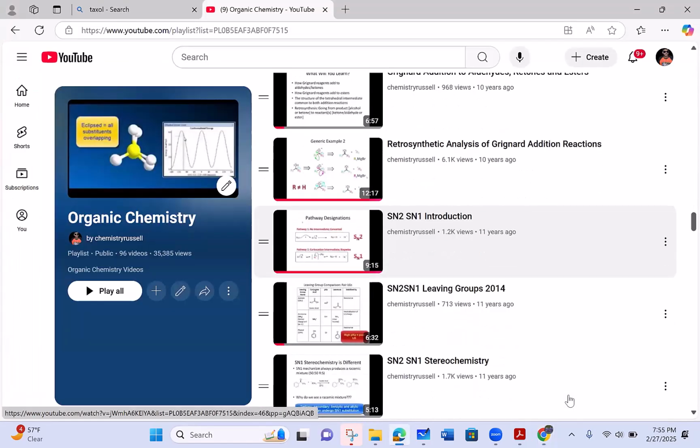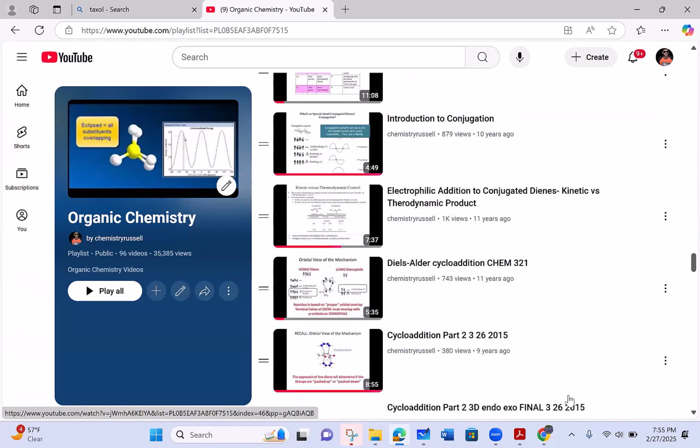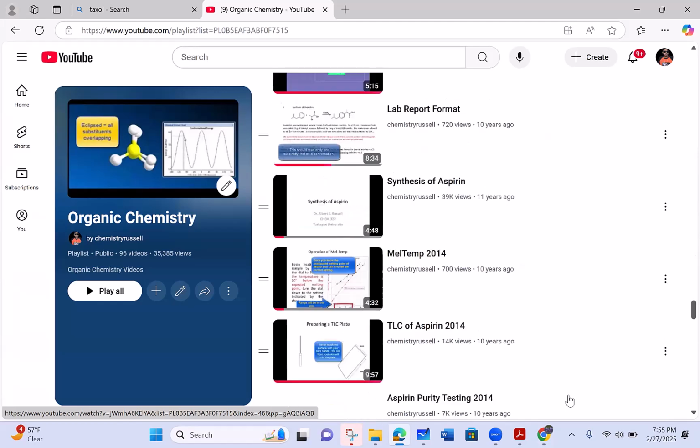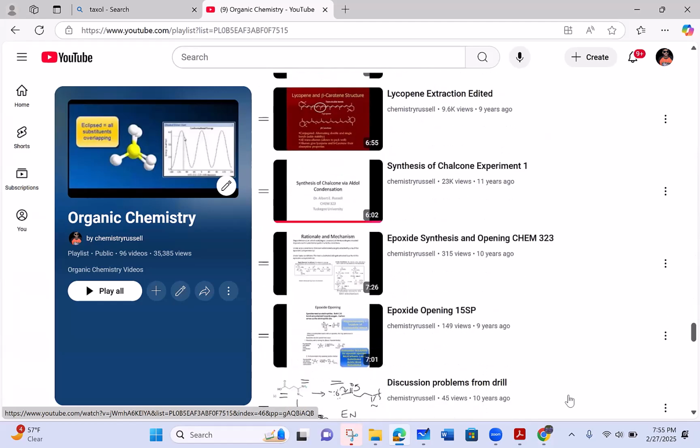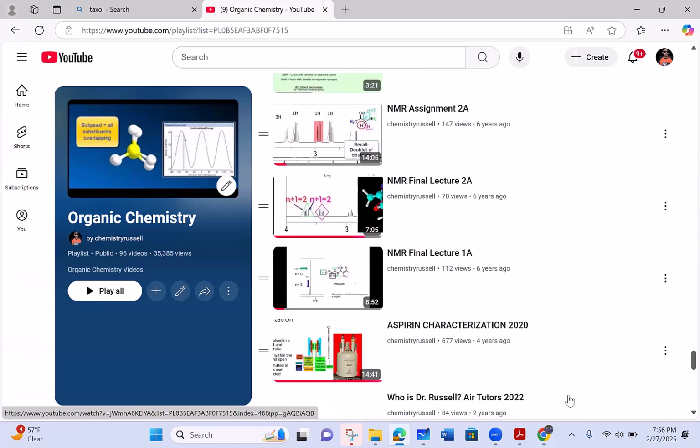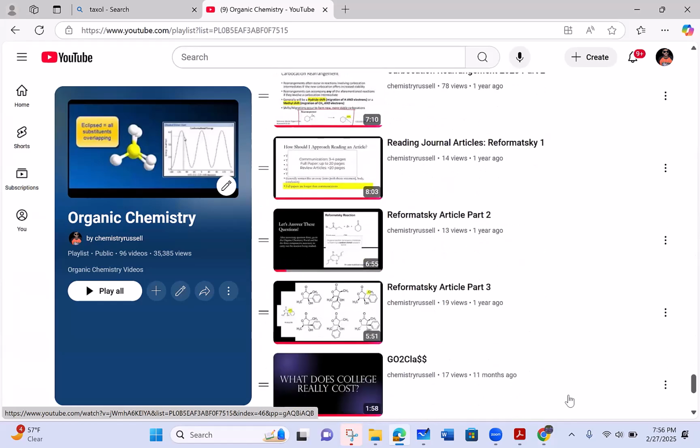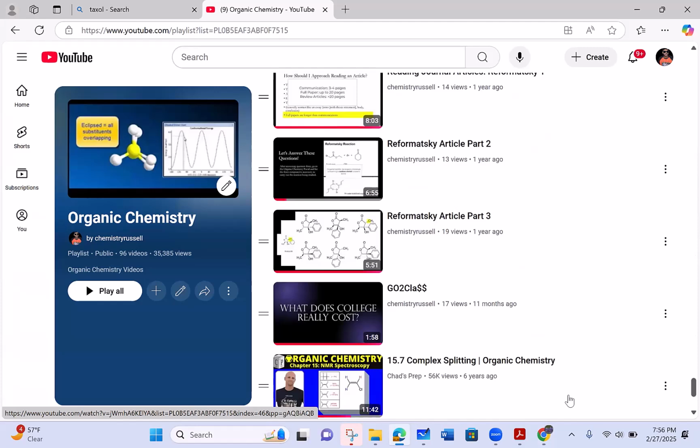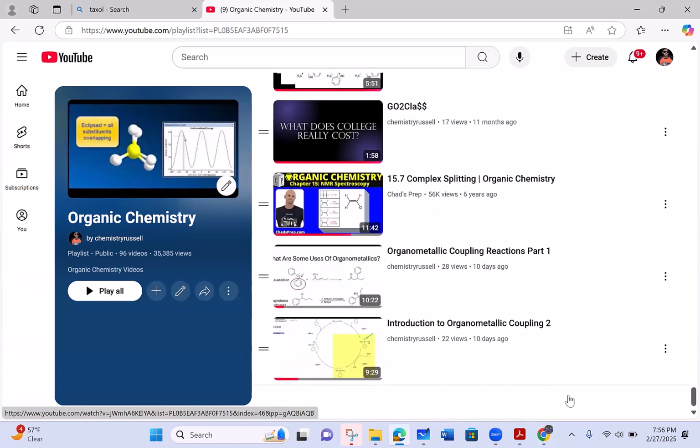It's probably at the bottom because I didn't move it. The model reactions: Stille coupling, Heck coupling, Sonogashira coupling, Negishi coupling. I gotta reorder these and put them where they belong. But yeah, those reactions.